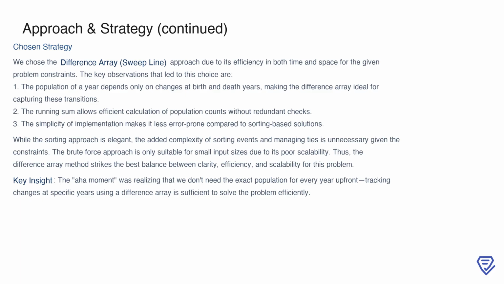With these considerations in mind, we chose the difference array, or sweep line, approach as the preferred strategy for this problem. The primary reason is its efficiency in both time and space under the given constraints. By focusing only on the changes at specific years, births and deaths, we eliminate redundant calculations and streamline the process.